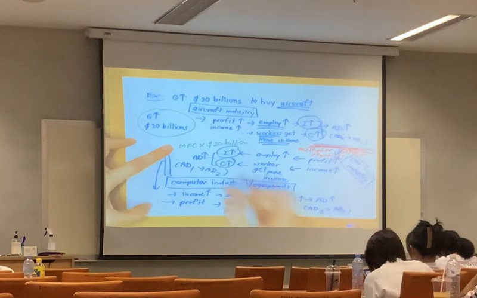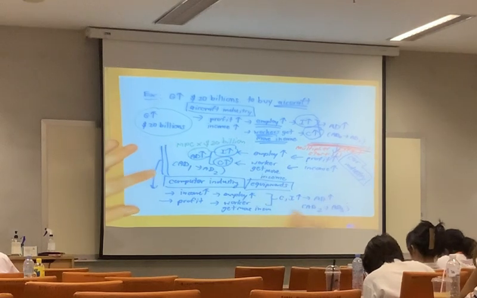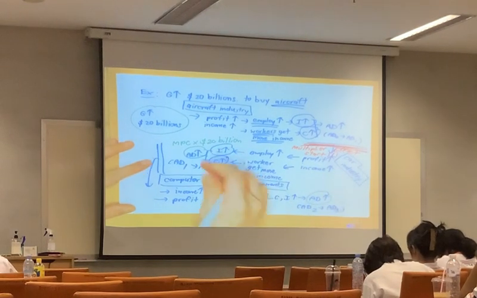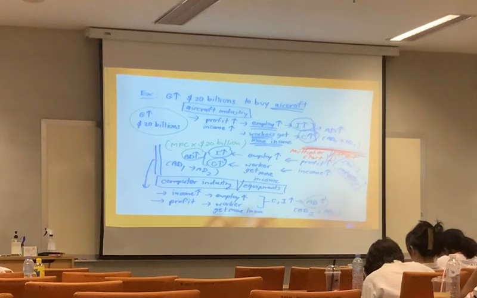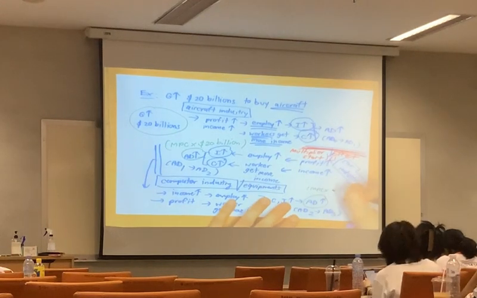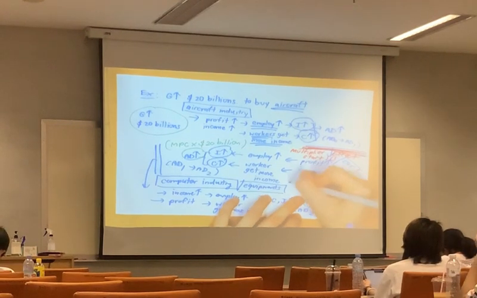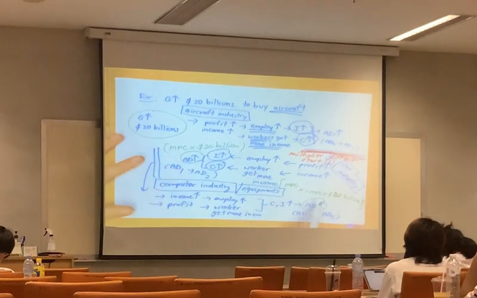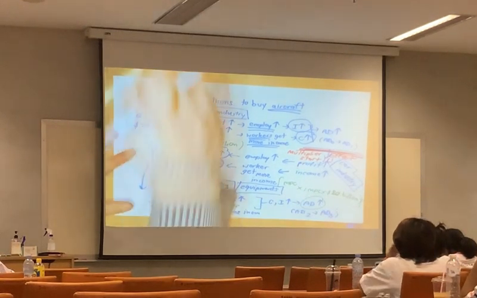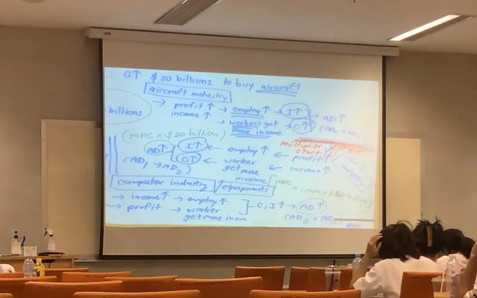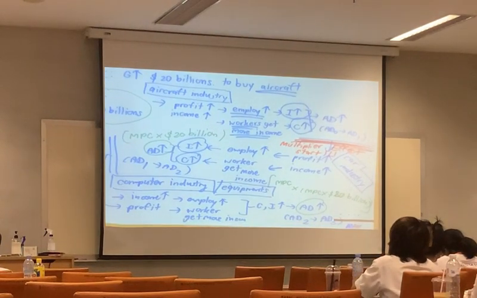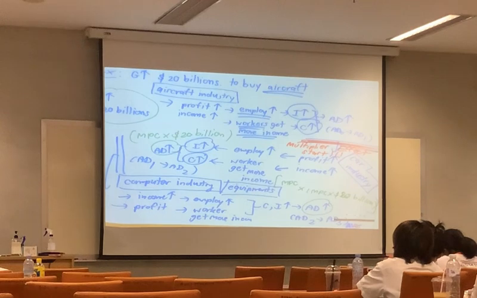If I want to know how much the AD chain is here, I use this amount and multiply it with MPC again. For any chain, we use the G chain and then multiply with MPC.